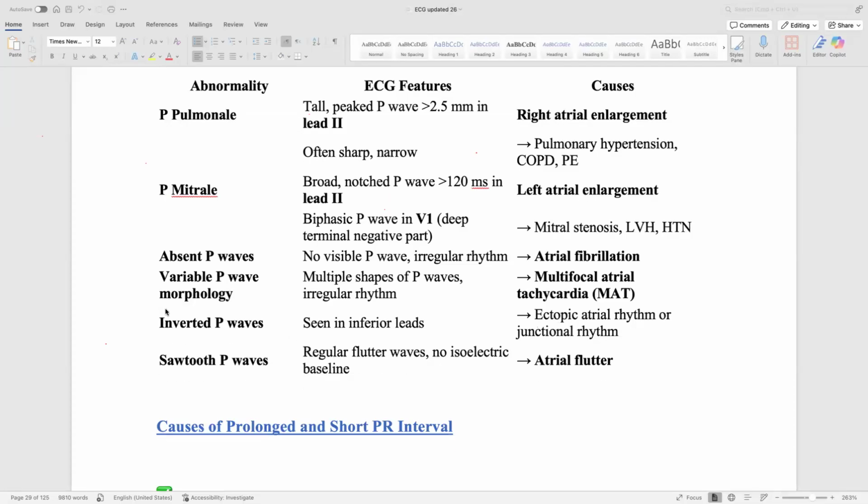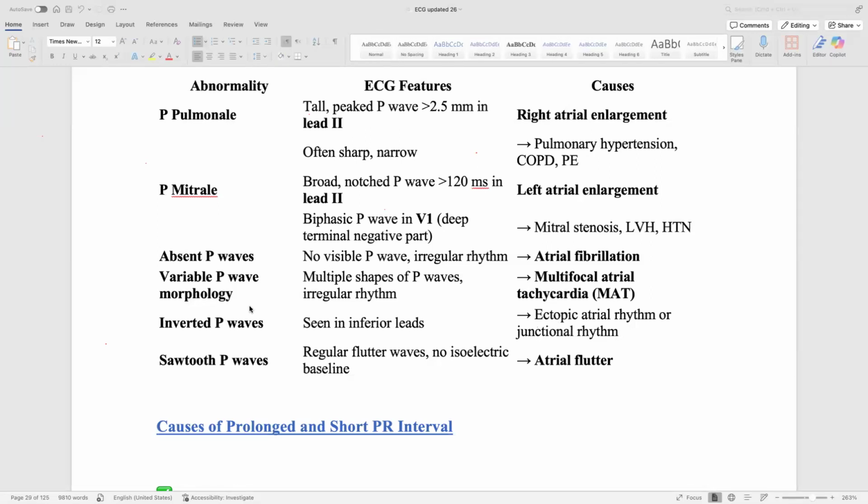Okay. If there is a P wave, but sometimes small, sometimes large, sometimes biphasic, sometimes broad, that means the atrium's electricity is not from one generator. Variable P wave means there are multiple generators.